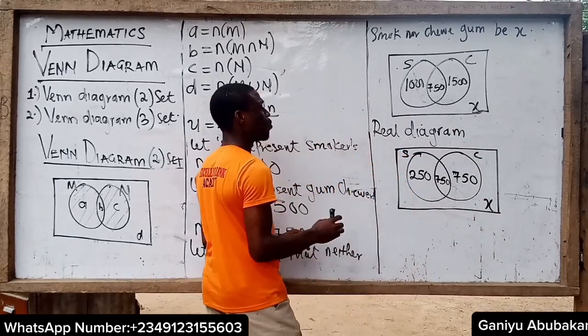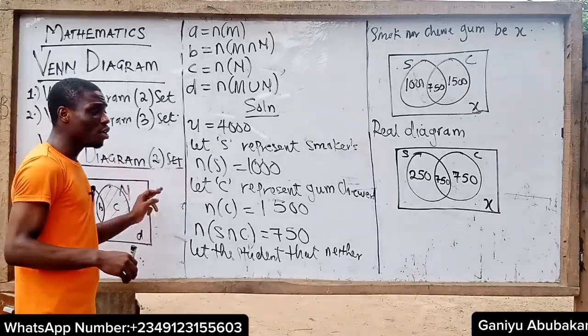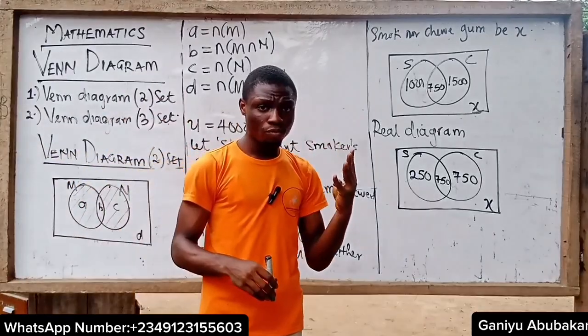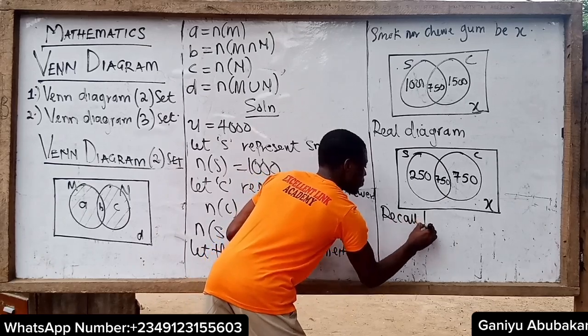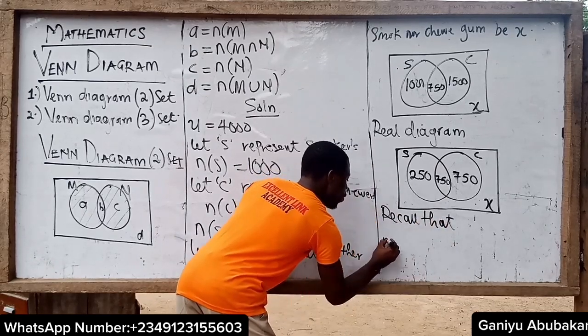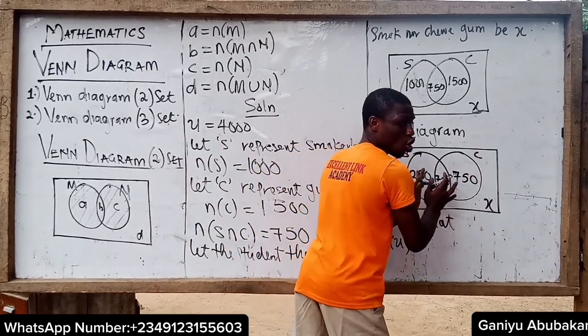At this point, when it comes to a Venn diagram for a two-set problem, there are about four spaces. Recall that N of U, the universal set, is equal to the addition of all the sets here.